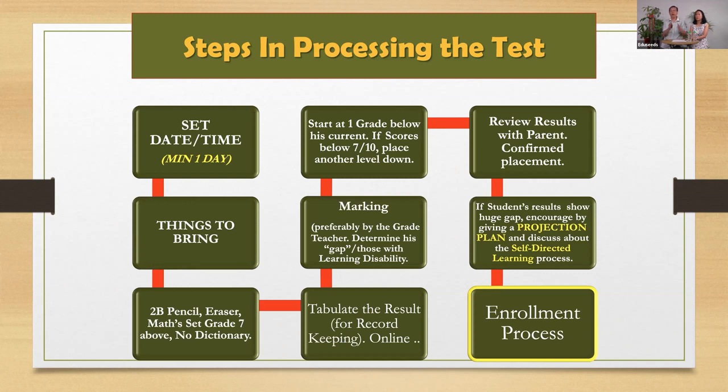After this, my wife will explain a bit more on the projection plan. For example, he is 3 years behind his age group level. He is now 12 years old. He can only start at grade 4. Grade 4, 5, 6, he has almost 3 years to catch up. In grade 4, he will show some gap. Grade 5, some gap.